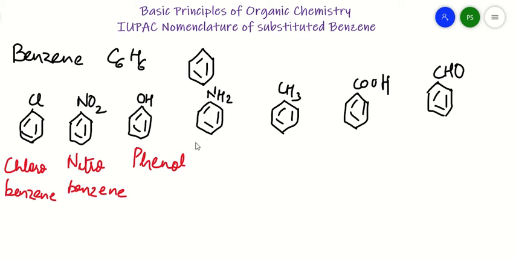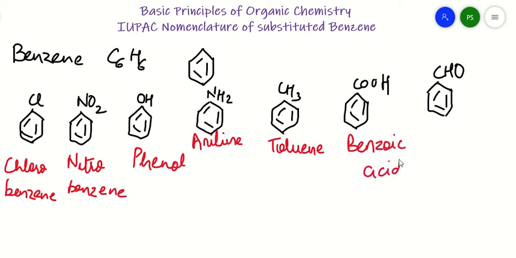This compound is called aniline. The compound containing a methyl group is called toluene. The compound containing a COOH group is called benzoic acid, and this is called benzaldehyde. So these are the monosubstituted compounds.